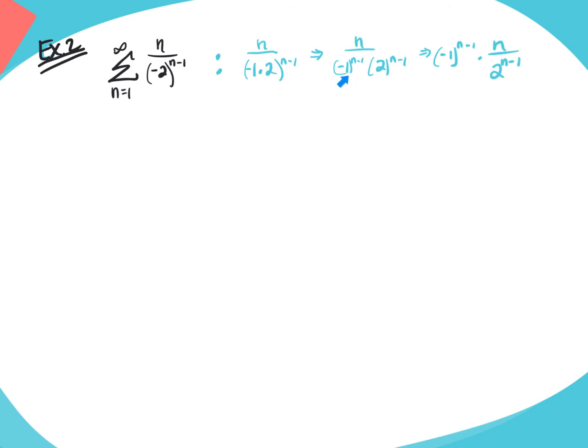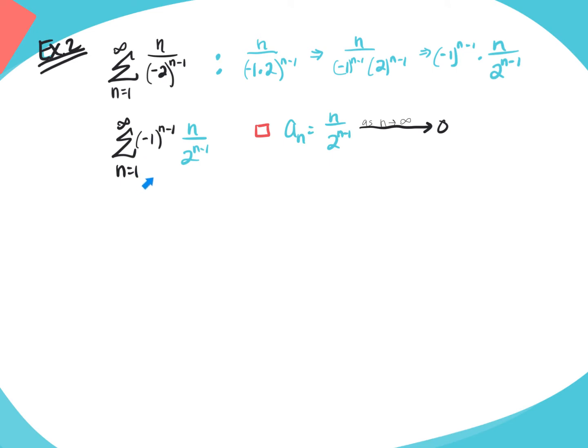For -1 to this power, it's either 1 or -1. It doesn't matter if it's in the numerator or the denominator, so we'll rewrite it on top. And that leaves us the alternating component multiplied by the ratio of n and 2 to the power of n-1.